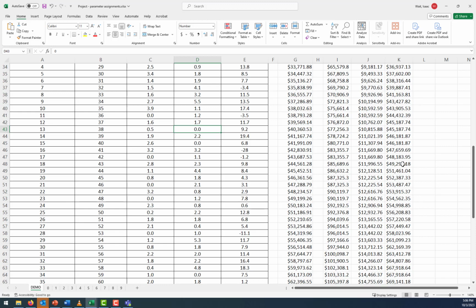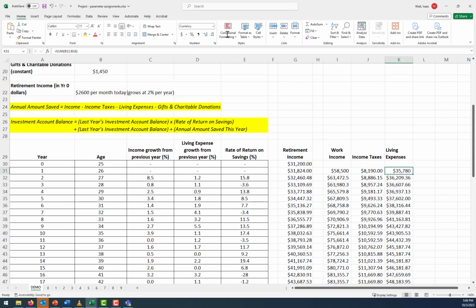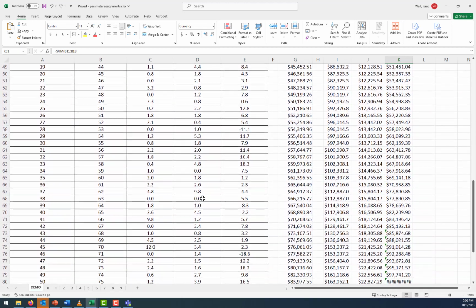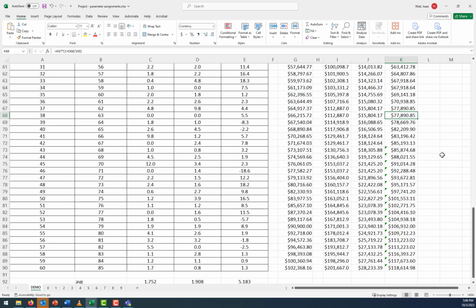Otherwise it won't do the calculations correctly. But now mine are. And how do we know it's trending in the right way? Well, the living expenses look like they're never going down. Best case scenario is that it stays at 0. So sometimes the living expenses are the same in successive years, but otherwise they're always going up. And that's the way of things with inflation.